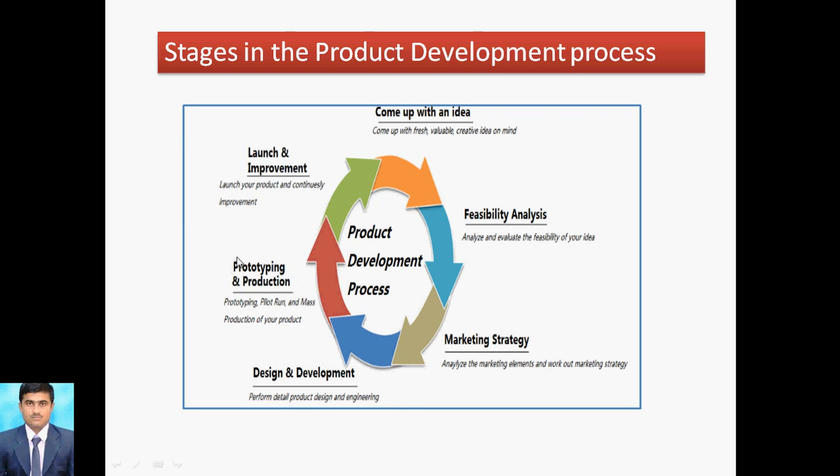Prototype means we create a product and take it for testing, and then launch it into the market. After launch, the customer gives feedback, and we continuously improve the component. Only then will we sustain in the product life cycle. So this is related to the product development process.